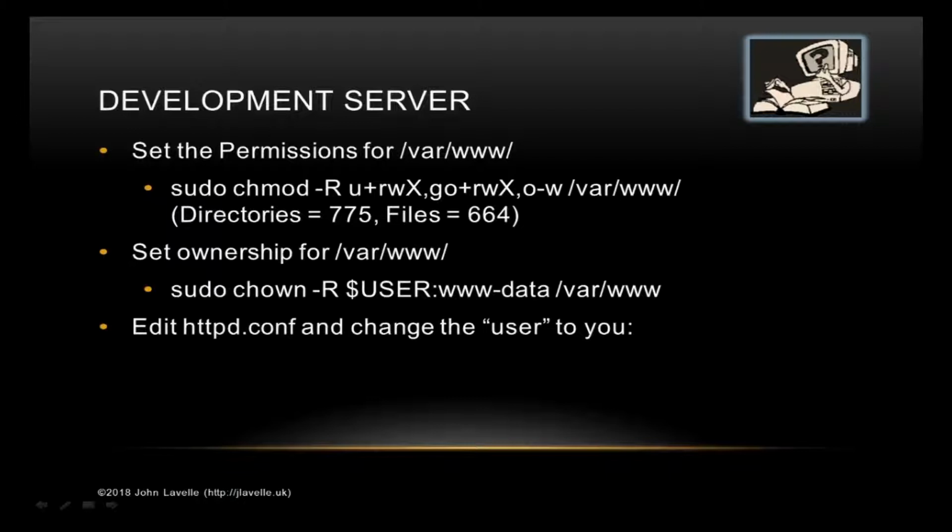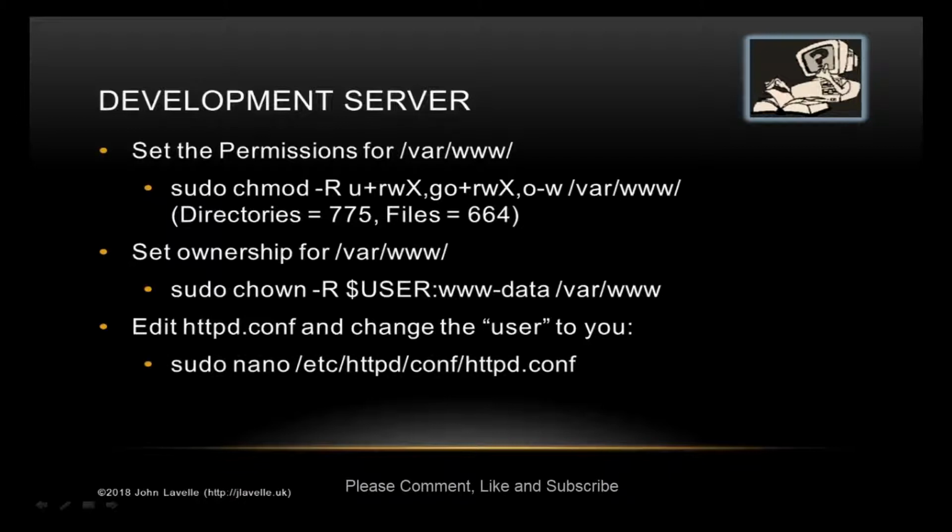Okay. You also need to edit the httpd.conf file and change the user to you. Now, you don't do this on the public server. This is for you, and you can also change the group. If you've decided you're going to call the group development group or something like that, then you can change the group to that.